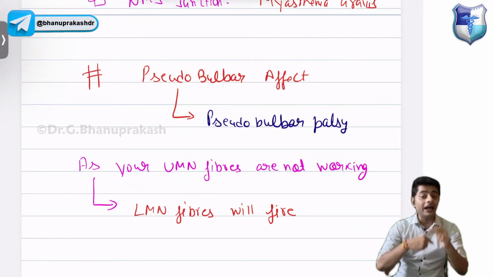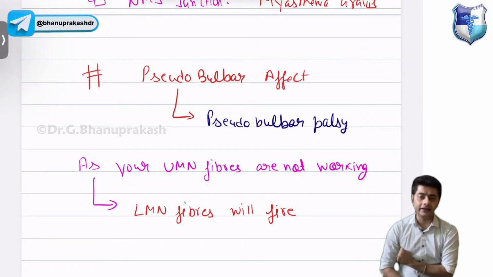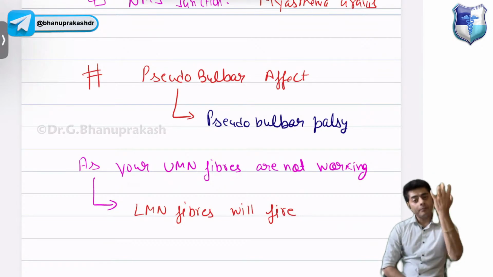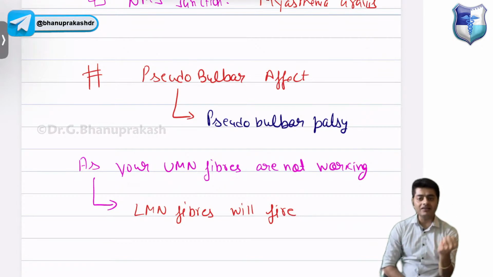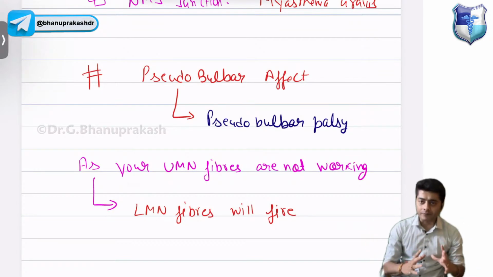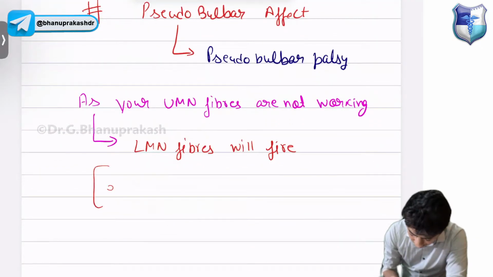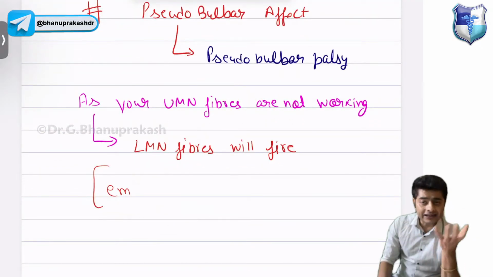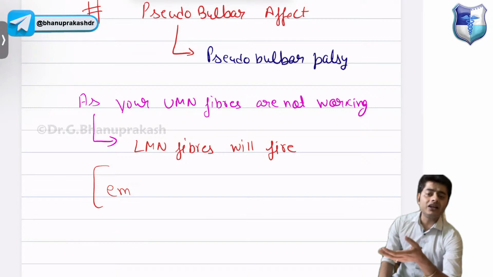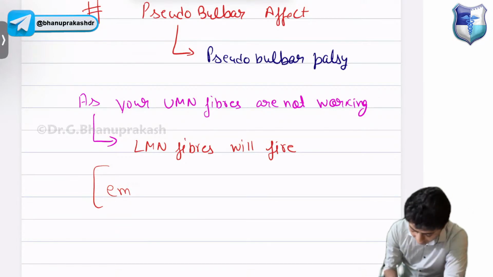UMN fibers control the LMN fibers such that their kinetic melody and smoothness is maintained, so LMN fires appropriately. Now UMN fibers are not there, so LMN fibers will fire all the time, which will result in, and I have told you that these fibers are concerned with the emotional component also, so there will be emotional outbreak.